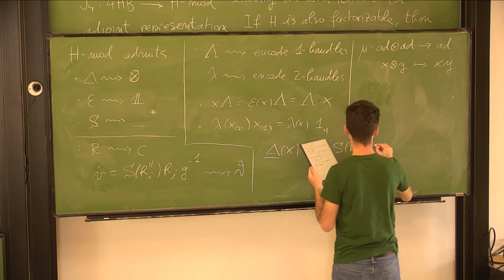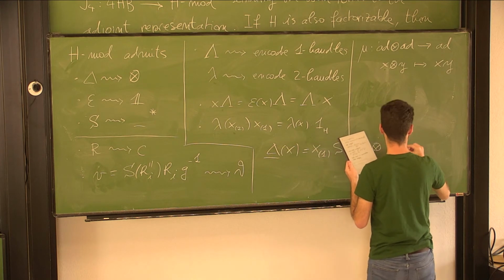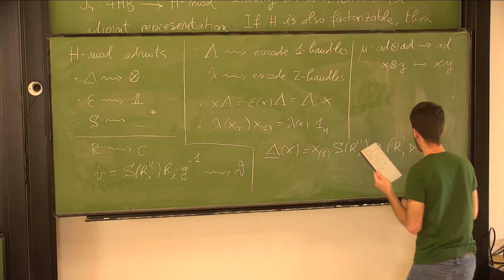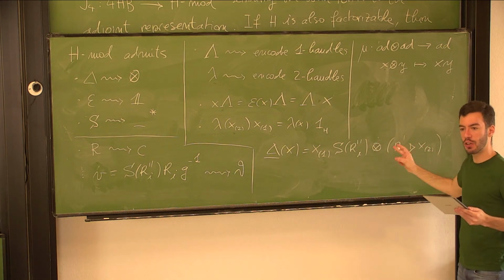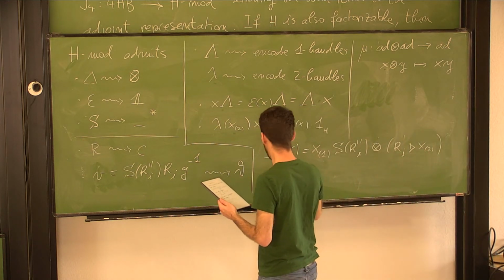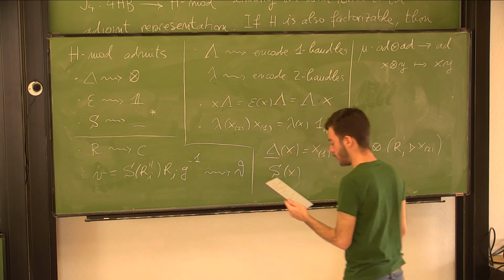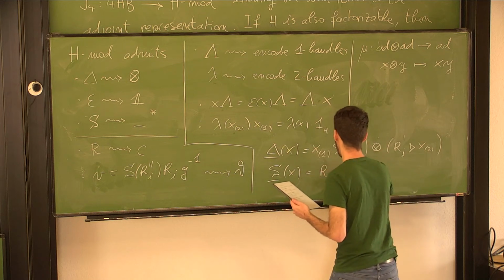So very early on. So you see, the R matrix intervenes in this modified version of the coproduct, and the antipode is this guy.